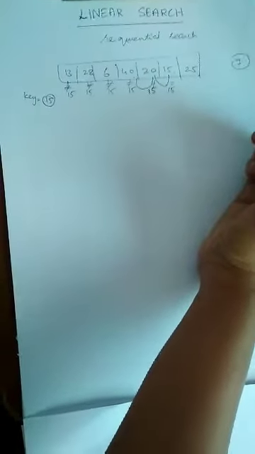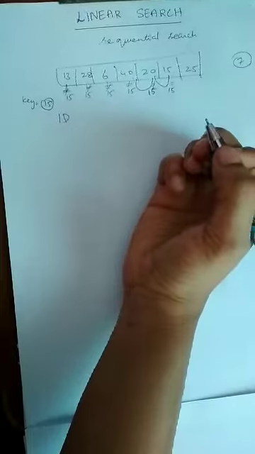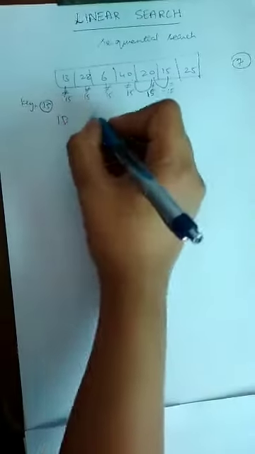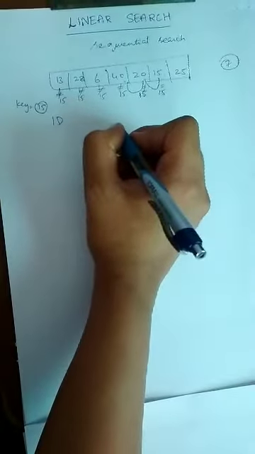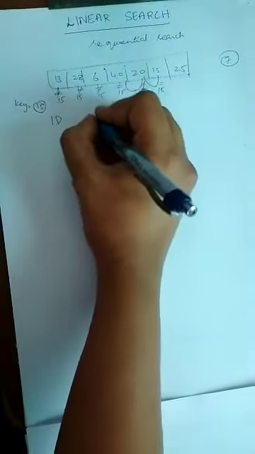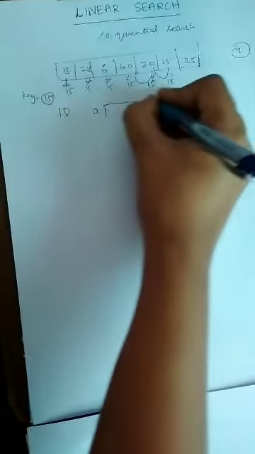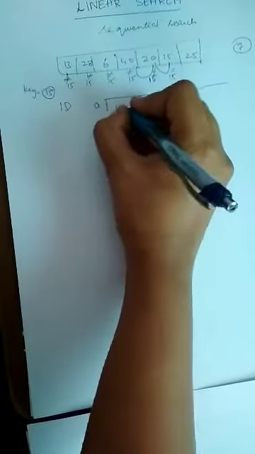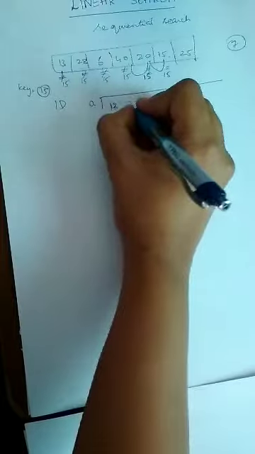So let us see how to make use of a one-dimensional array to do it. First, we can make use of the concept of an array. Let us store these elements in an array, say array A. Let us store all these elements in it.